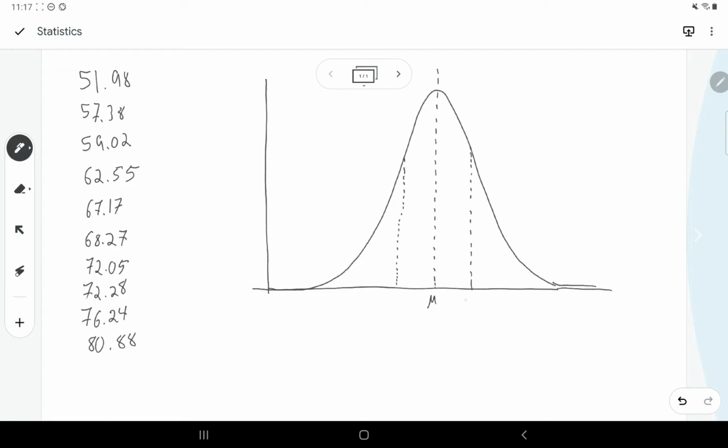So if we go up one standard deviation, that's the mean plus one standard deviation, or we go down, the mean minus one standard deviation. We do the same thing and keep it going. The next one is the mean plus 2 standard deviations, or the mean minus 2 standard deviations.